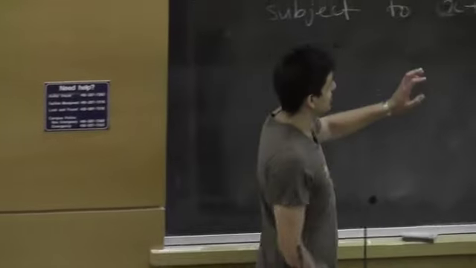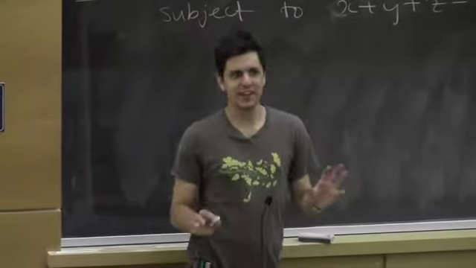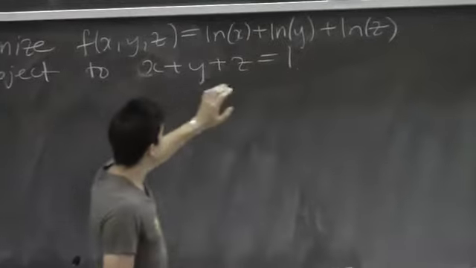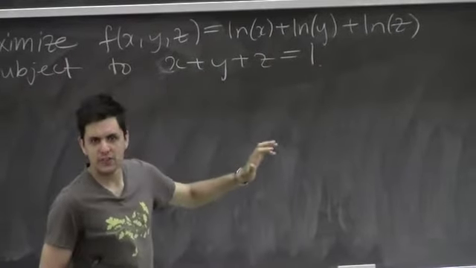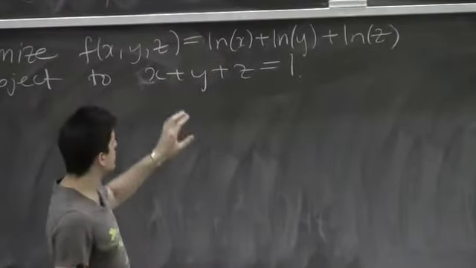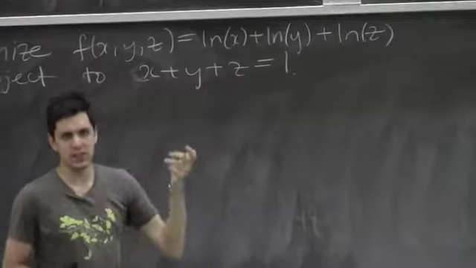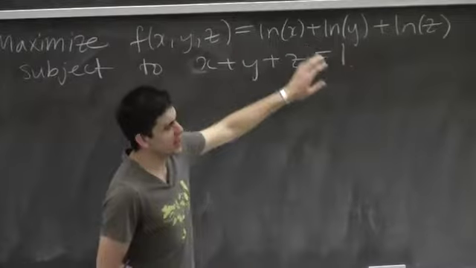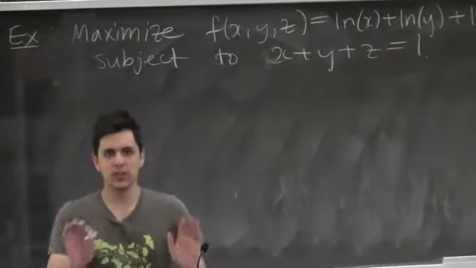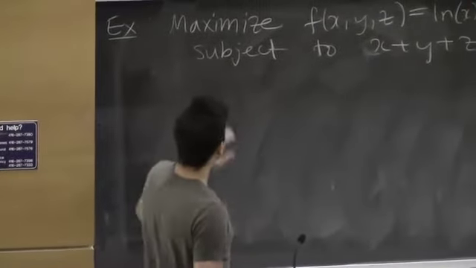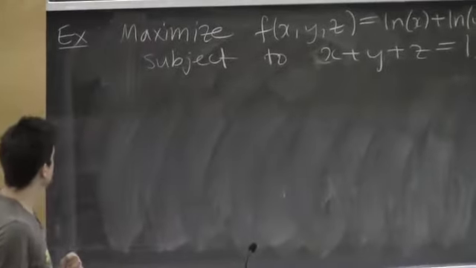This sum of logarithms is often interpreted as a function on the set of probabilities. We often think of x plus y plus z equals 1 as a set of probabilities. And this function that I've written down has very nice properties. But if you want to talk about probability, we'll do that another time. Let's just maximize this thing for the time being.